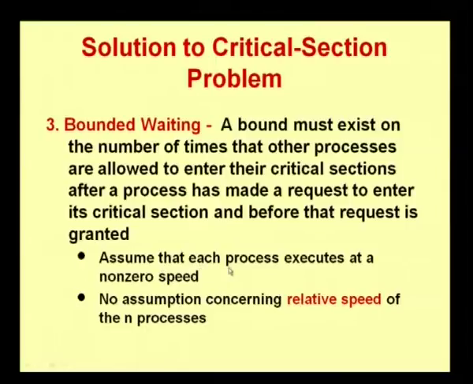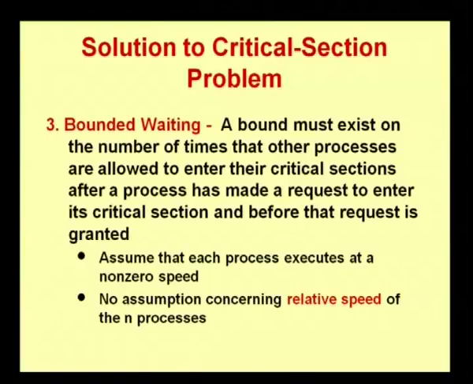Assume that each process executes at a non-zero speed, with no assumption concerning the relative speed of the n processes. So there should be a definite amount of time to get completed when it goes to a critical section.